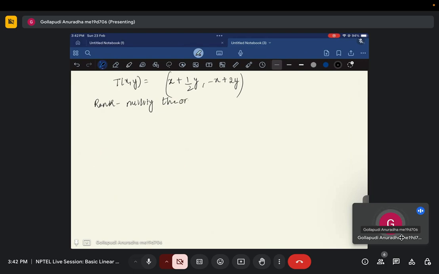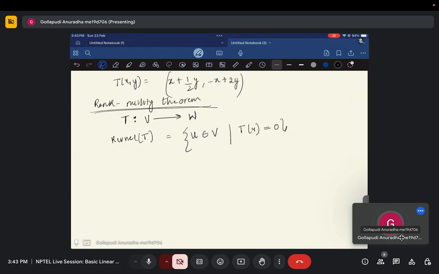Okay, so we'll see the rank nullity theorem. We have a linear transformation T from vector space V to vector space W. Then the kernel of T means all the vectors u in the vector space V such that the transformation of u will give you the zero vector.